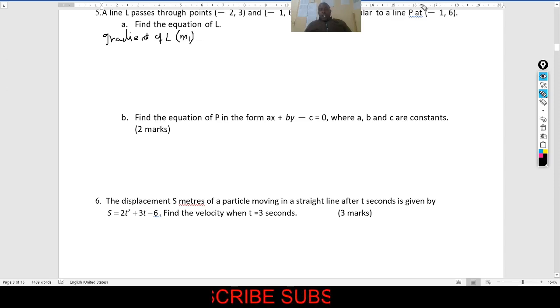Gradient of L, M1, equals change in y over change in x. Change in y is 6 minus 3, all over the change in x, which is -1 minus minus 2, so it is plus 2. Minus minus becomes positive.